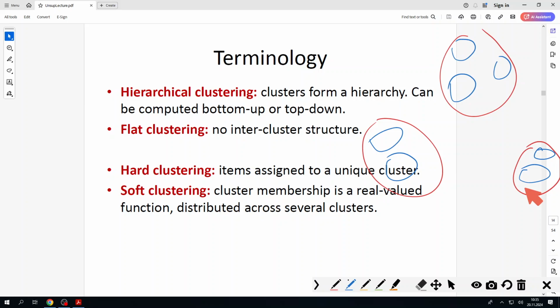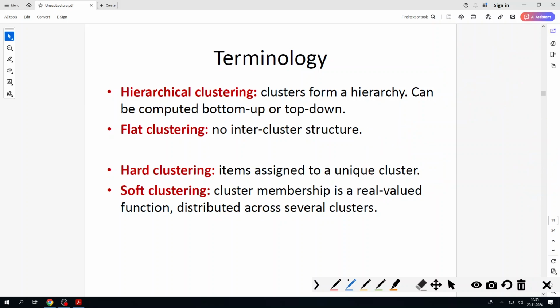I don't know, like grouping news based on the topic, sports, politics, etc., and then accordingly into smaller categories. Now another important thing is that there can be hard clustering when, let's say, you have certain points of different color, and each of the points can belong only to a single cluster.